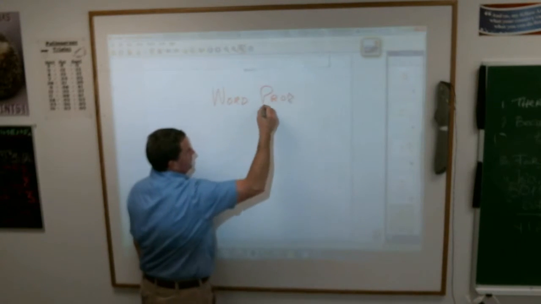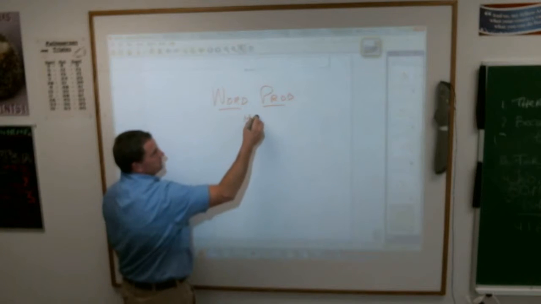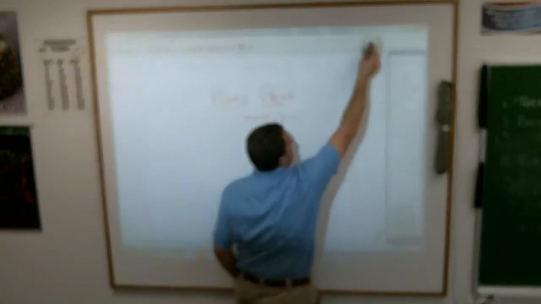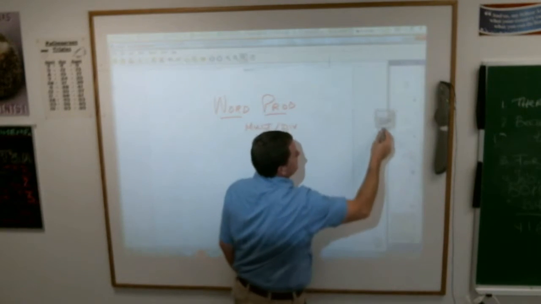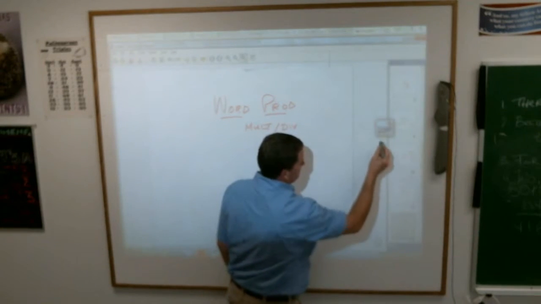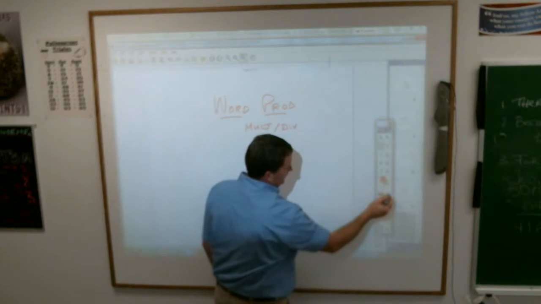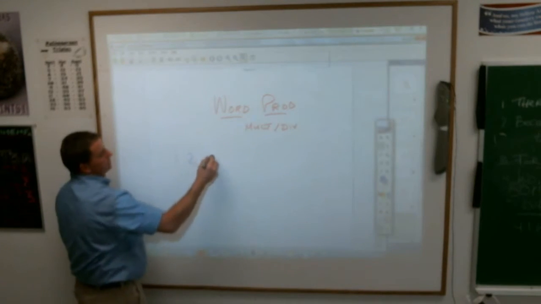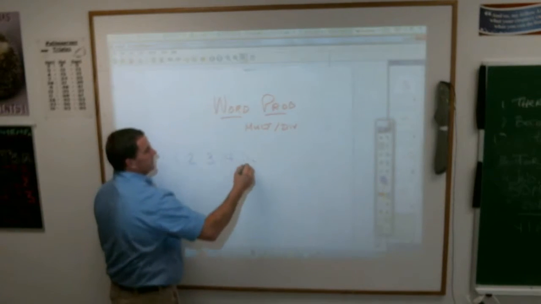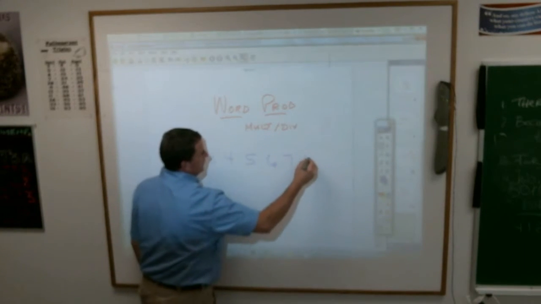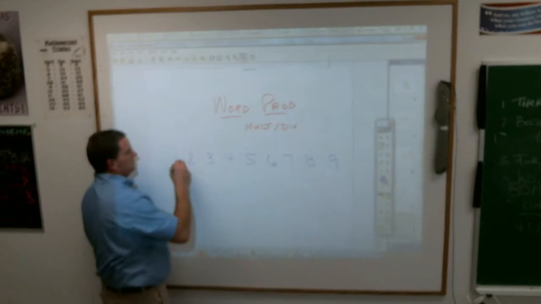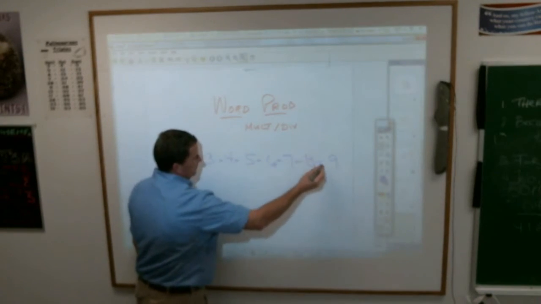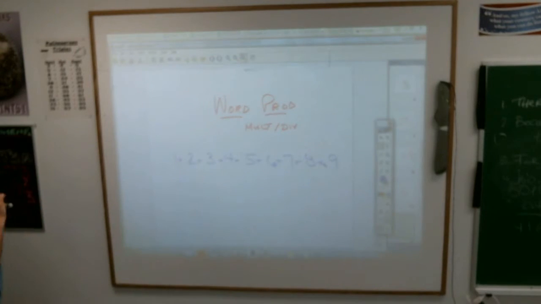Before we jump into the word problems of multiplication / division, if I gave you 1, 2, 3, 4, 5, 6, 7, 8, 9, and asked you to add those all together, how would you do that?